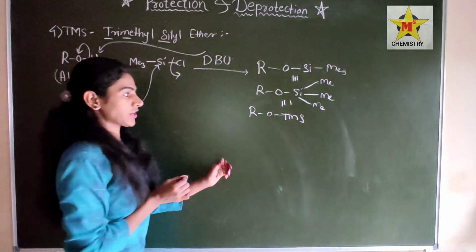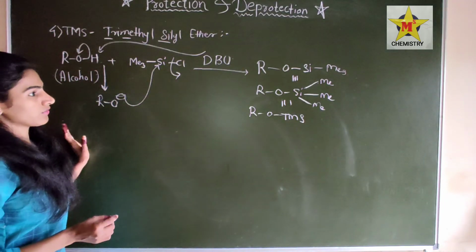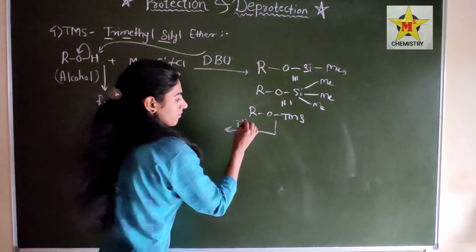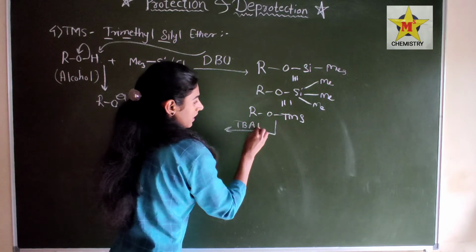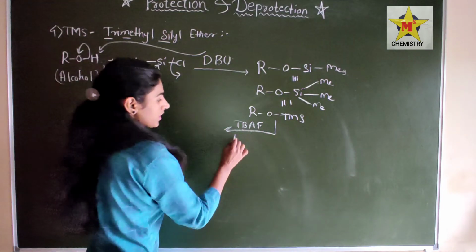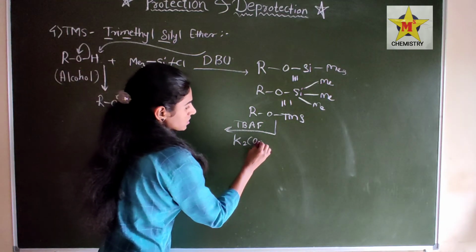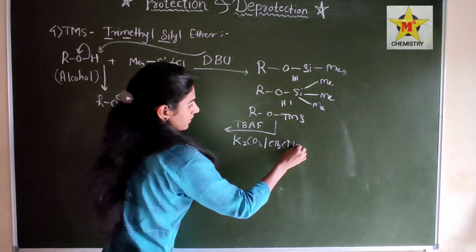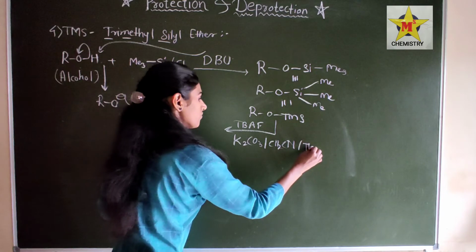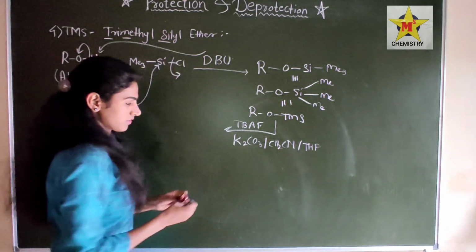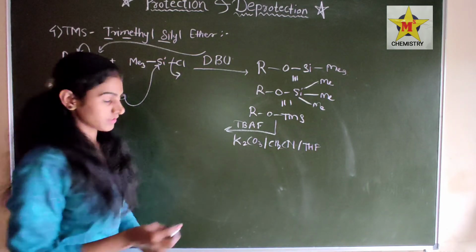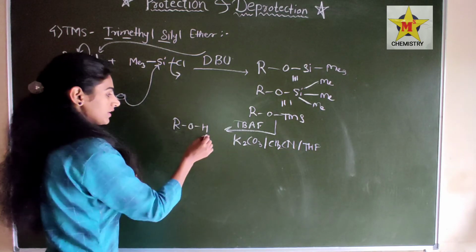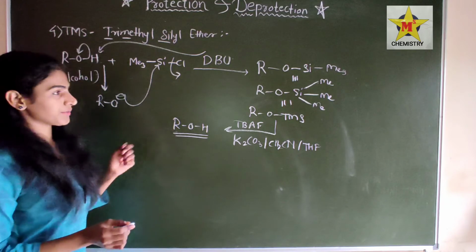If there is more than one functional group in the reaction, then we deprotect it by TBAF, or we can also deprotect it by K2CO3 in CH3CN, in the presence of THF, and ROH, that is alcohol, is deprotected.